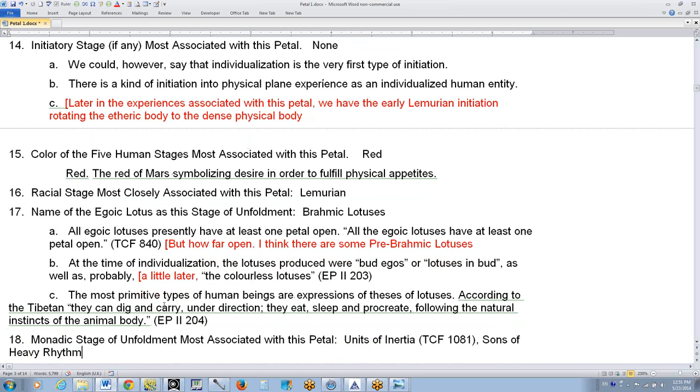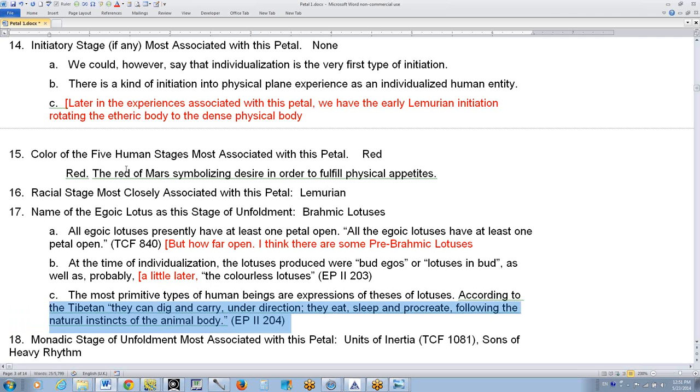They eat, sleep, and procreate, following the natural instincts of the animal body, and that is going to be group 2 of the human groups. We have to keep the human groups in mind because they're very important, coming in there around page 203, 204 of Esoteric Psychology 2.